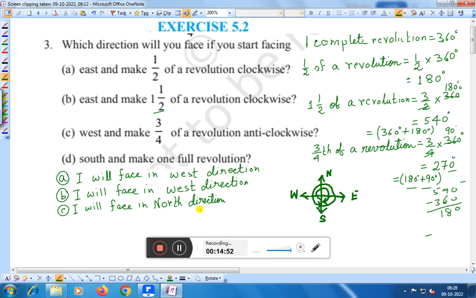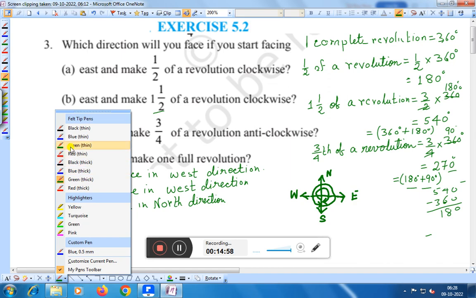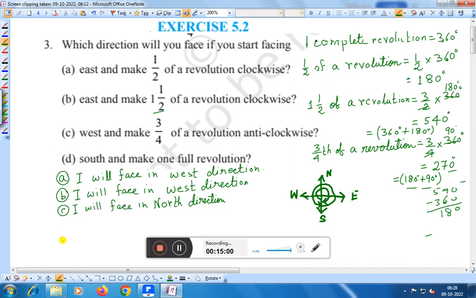Therefore south and make one full revolution means question number D, I will face in south direction.